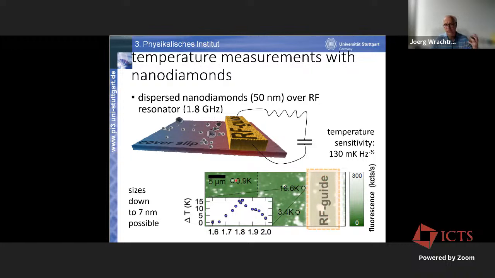And the key feature here is the sensitivity, and it's on the order of 0.1 Kelvin per square root of Hertz. This, once again, is not a super precise temperature measurement. There are way more precise ways to measure temperature. But if it comes to the volume, this is a super small, few 10 nanometer large temperature sensor. And this you can use to measure local temperatures. And for some application cases, this is very interesting.